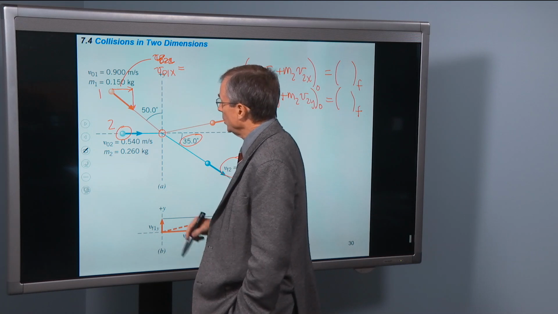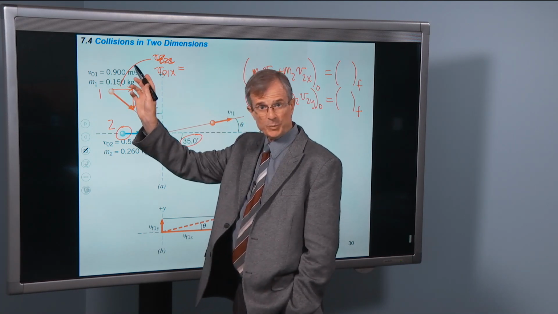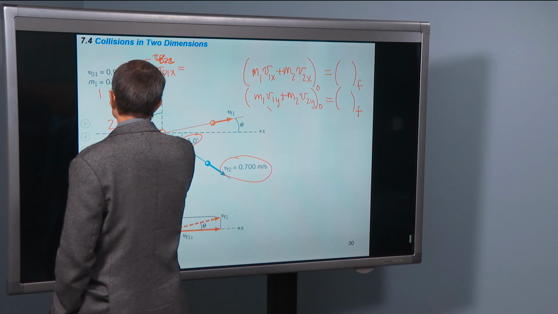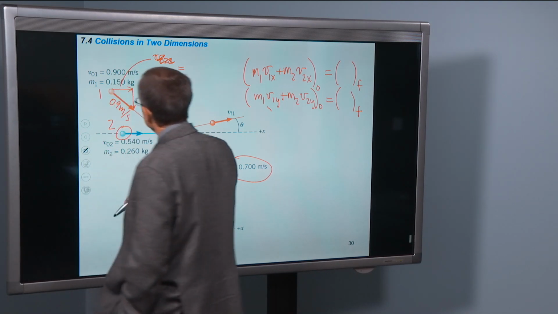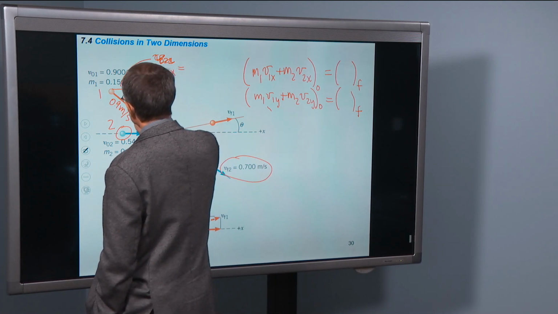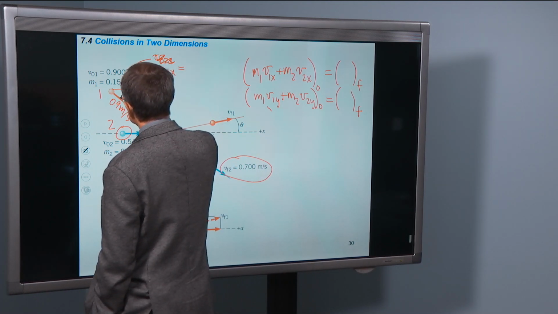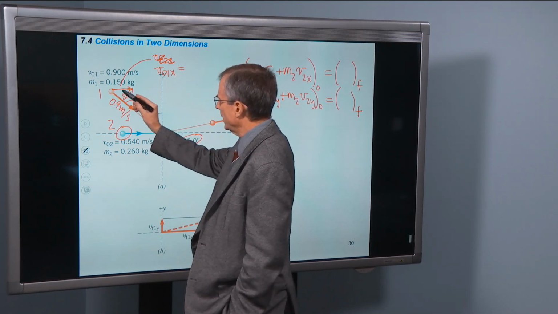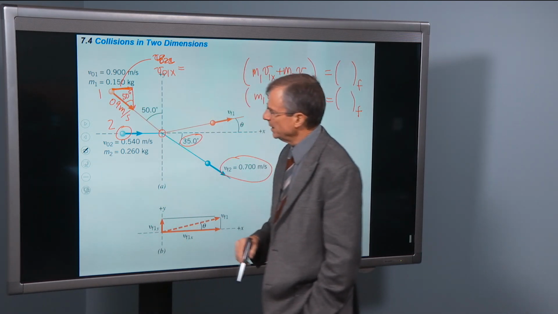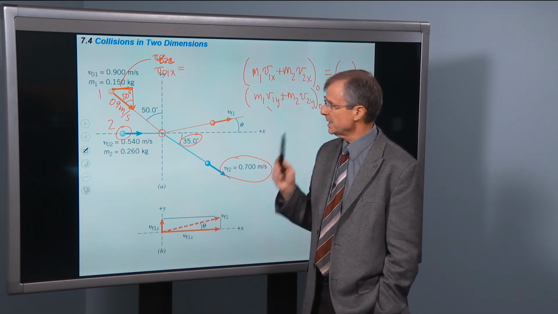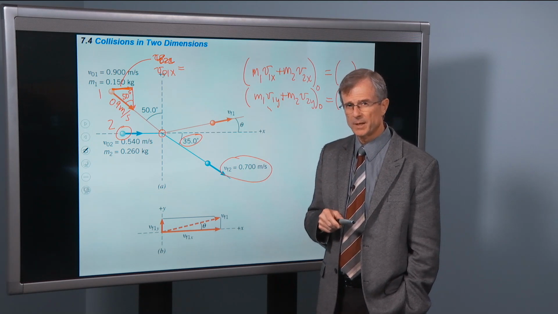Well, we know that V_O1, the speed of the first ball, is 0.9. And we know that this angle is supposed to be 50 degrees. And we want this side of that right triangle. And you look at that side and you say, well, hang on, it's an x component, so it has to be cosine, right?